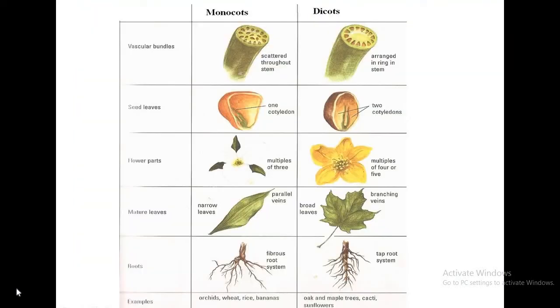So if I switch over to this diagram, see the last diagram, the way that is shown. Can you see those fibrous roots? The fibrous roots means that there is no single primary root. Such type of roots are present in monocots, and dicots have a tap root system.